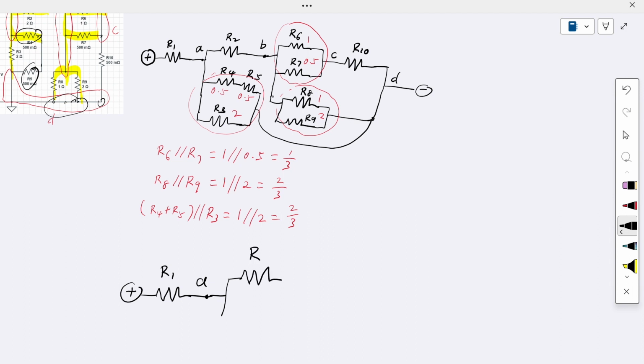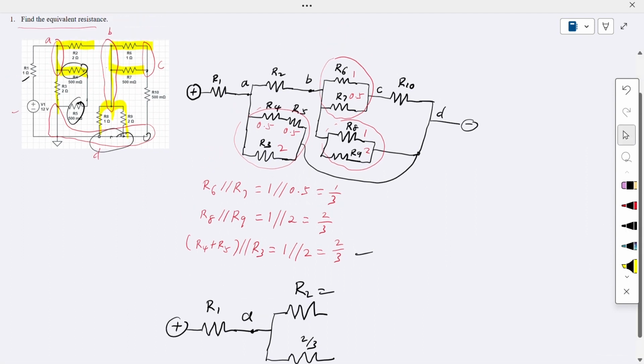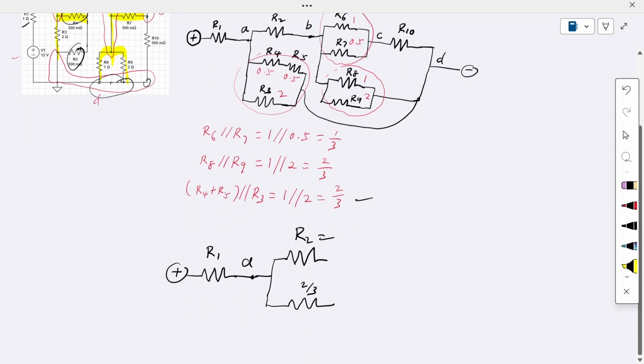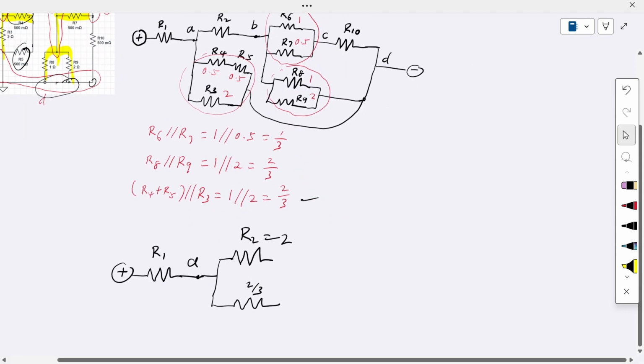Now we can replace R4, R5, and R3 with a single resistor, and this single resistor has the value 2 over 3. And this one is the R2 value. What is the R2 value? Let me check. R2 here is 2 ohm, equal to 2 ohm.